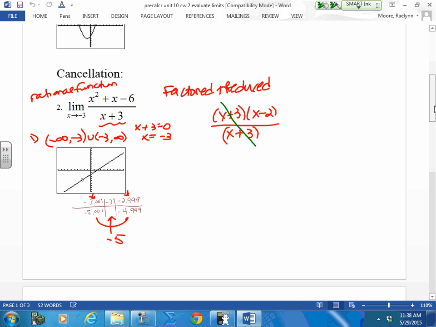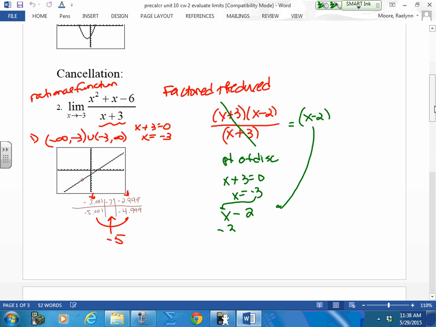We said if we have a common factor, it's still a domain restriction, but when we're able to eliminate that same factor, we have a point of discontinuity. And we took the rest of this, we simplified it into just this. So we took your point of discontinuity, we set it equal to 0, we found your x, and then we took your simplified function, after you eliminated that factor, and now we can plug in that -3.